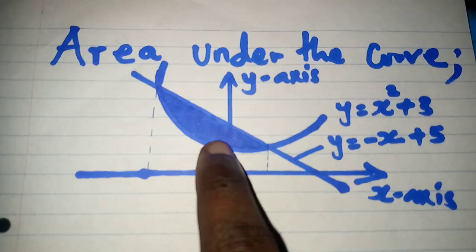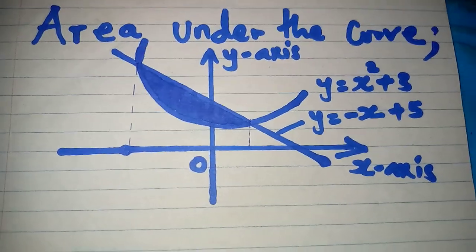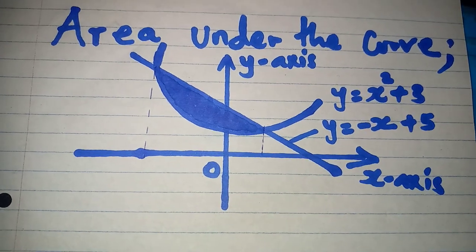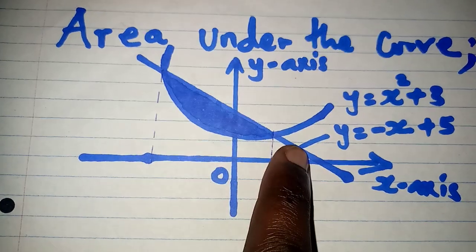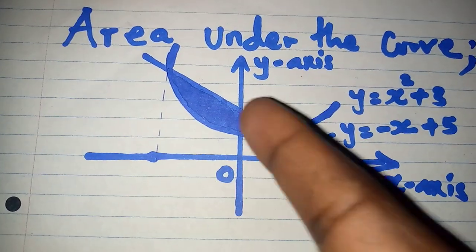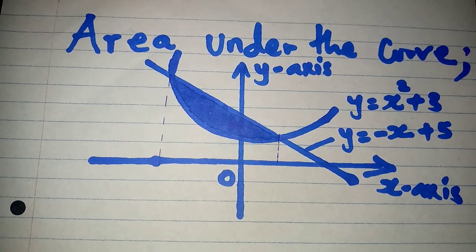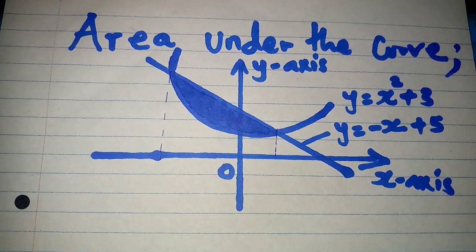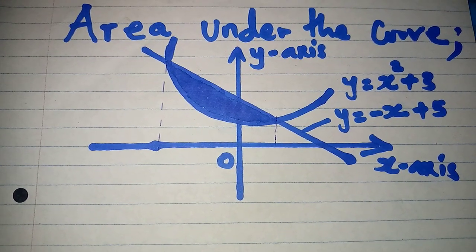When asked to calculate the area of the shaded region, this is what you're going to do. I'll take you through it step by step. From the first approach, we're going to find the limits and then find the area using the integration method, trapezoidal method, or the ordinate rule.